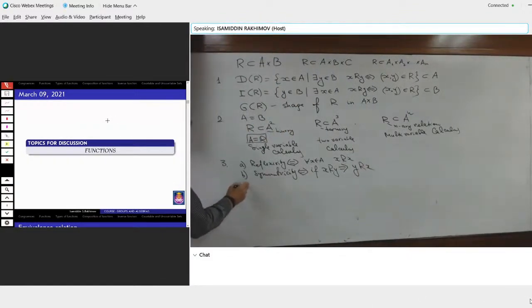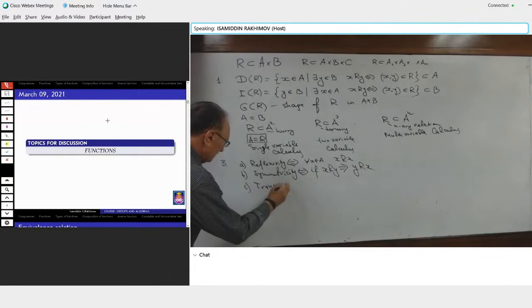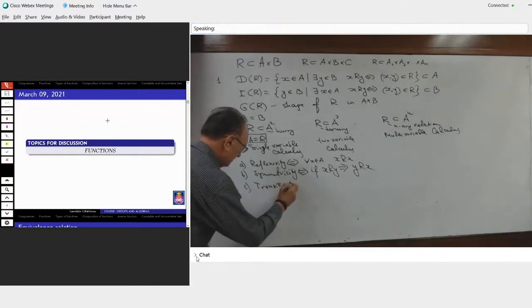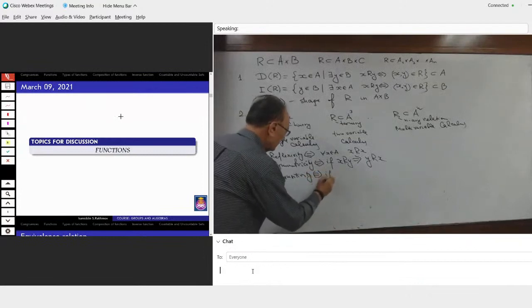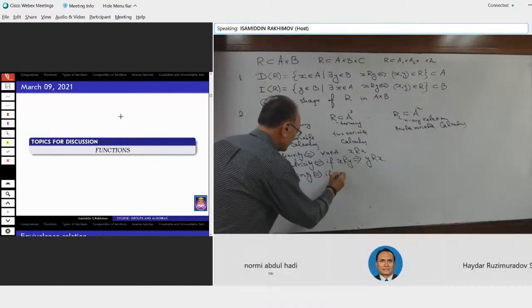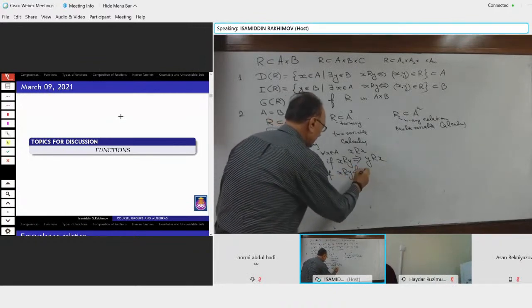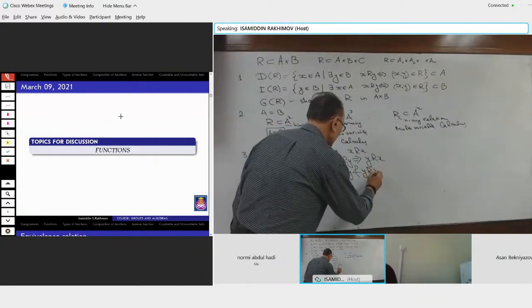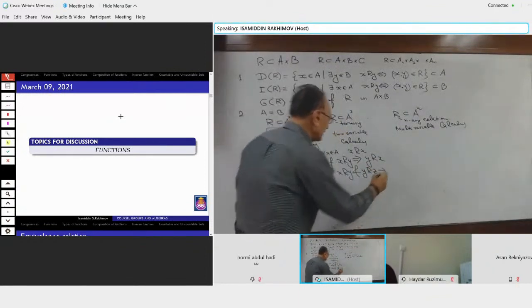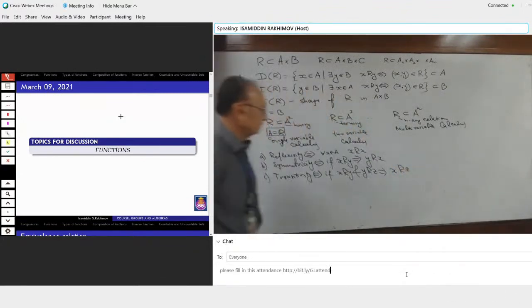And number 3, transitivity. Transitivity means if x is related to y and at the same time y is related to z, then this implies x is related to z.